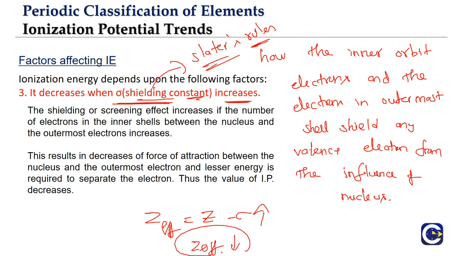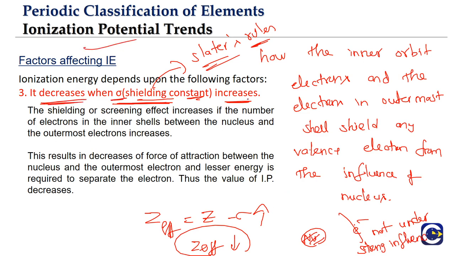When Z effective decreases, it represents that the outermost electron is not under strong influence, which means it becomes easy for removal. We have to supply a lesser amount of energy. So ionization energy decreases when sigma is increasing.